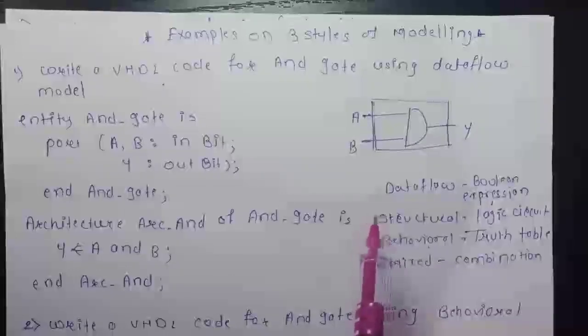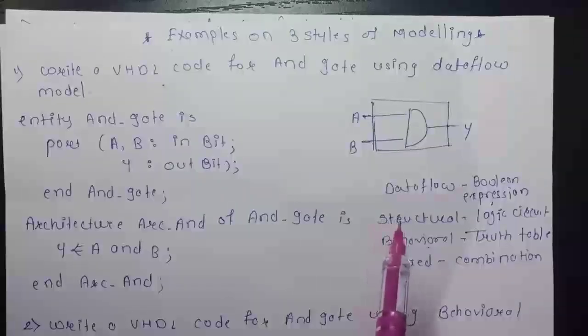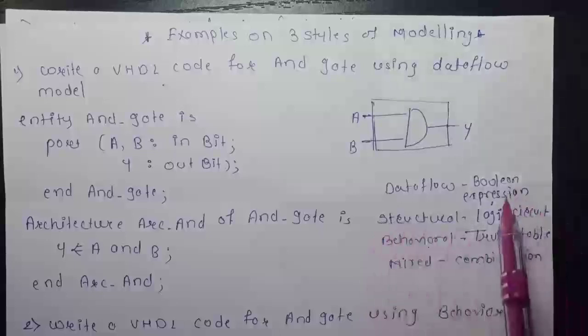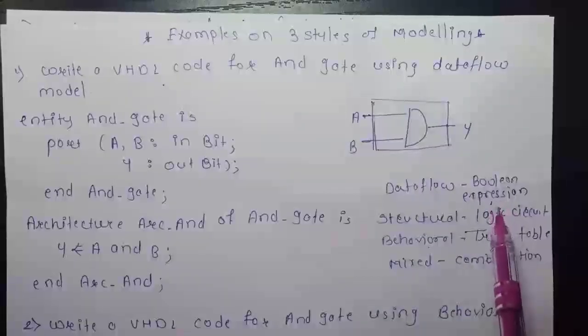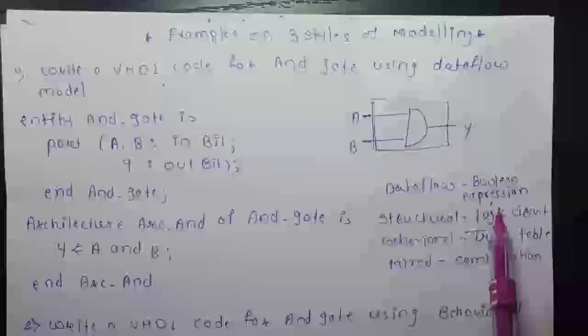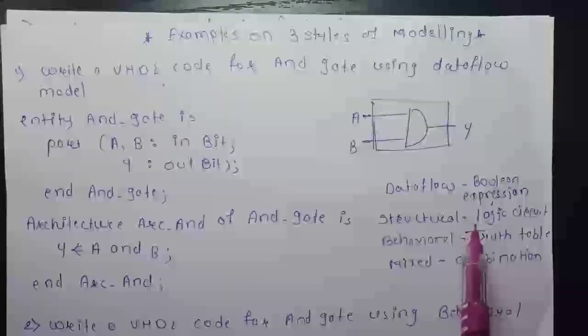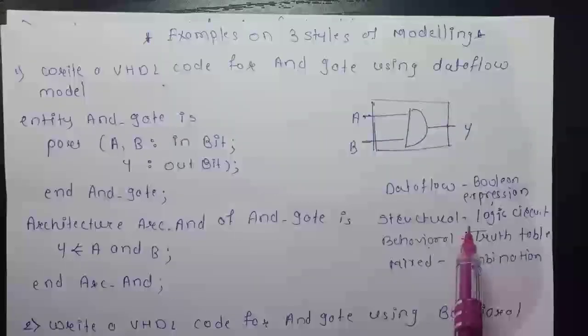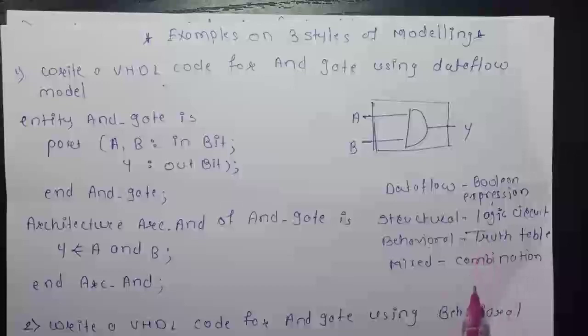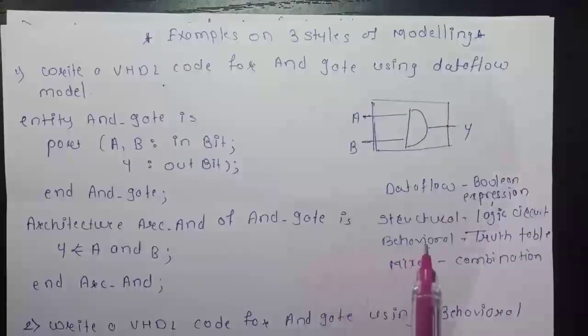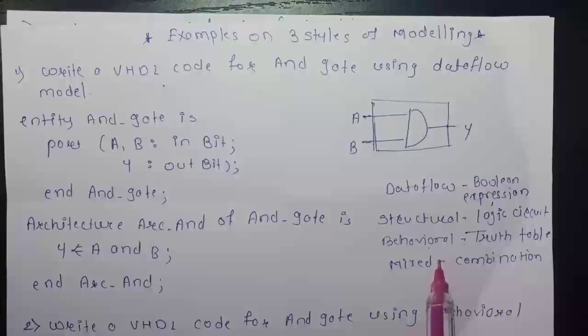So when we want to write VHDL code for data flow modeling, we must be aware of the Boolean expression of the logic function of the number of outputs we have. Because data flow modeling mainly focuses on gate level implementation, but when we have multiple outputs with different logic functions like XOR, AND gate, OR gate, and so on, it is quite difficult to define them separately.